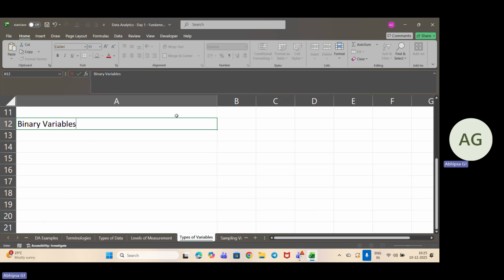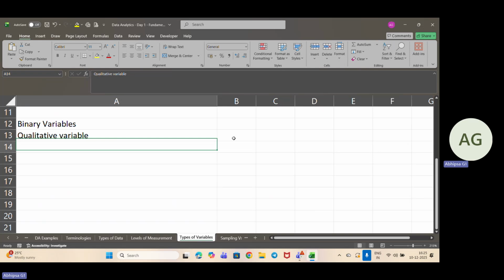One is the qualitative variable. So qualitative variables are the ones that describe exactly the qualities, not the numbers, like the categories, like the gender, color, types. These are the qualitative variables.